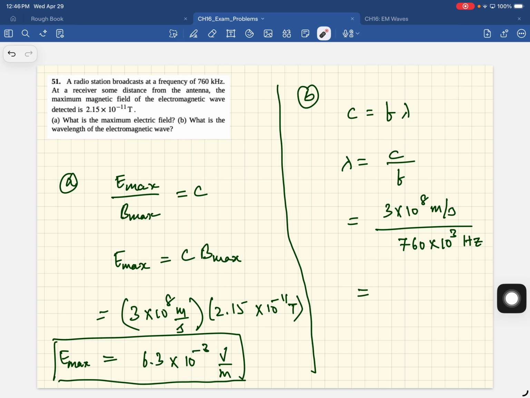The intensity is power divided by area, and the light is emitted equally in all directions, and the surface area of a sphere is 4 pi r squared.